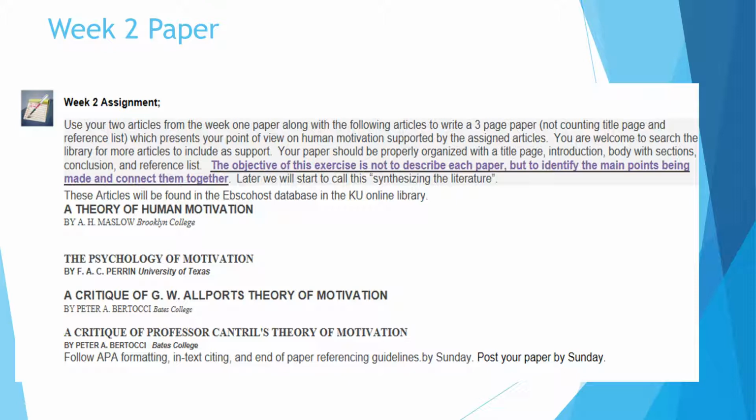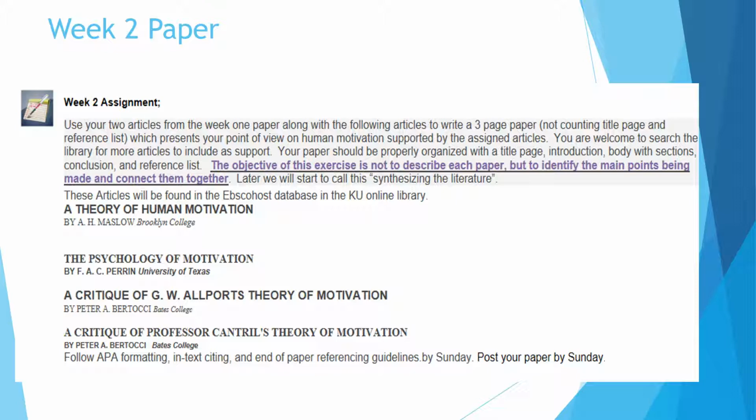So the goal here is for each of you to write a literature review on human motivation. Okay, so all the articles that you've selected so far and all the articles that are provided here that you're supposed to get out of the library are all going to contribute to your eventual literature review. So it's a cumulative exercise that we'll be working on.